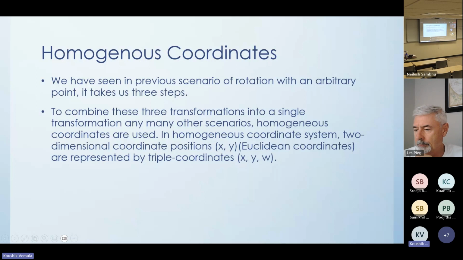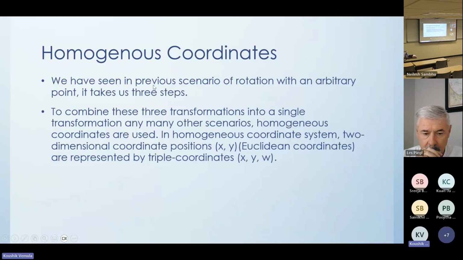To answer this, consider the previous scenario, a rotation about an arbitrary point. We saw that it takes 3 steps, but using homogeneous coordinates we can condense it into generally one single step, which will be explained further in the presentation.